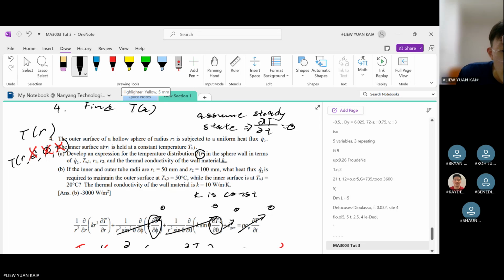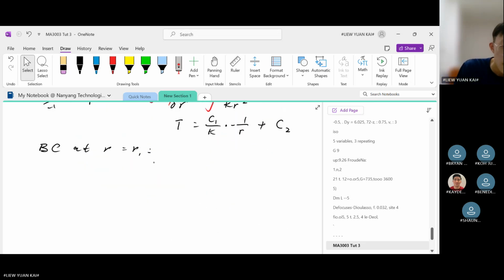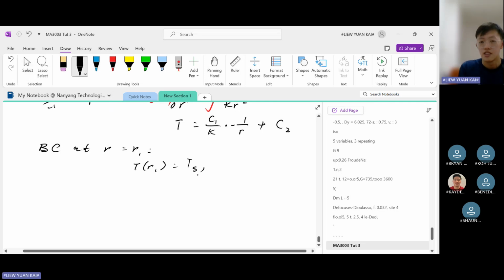At R1, it is held at a constant temperature of Ts1. What does this mean? This means at R1, T(R1) is equal to Ts1. The inner surface is being held at a temperature of Ts1.